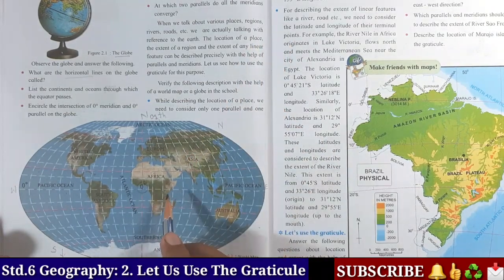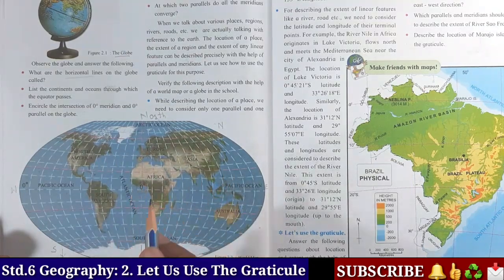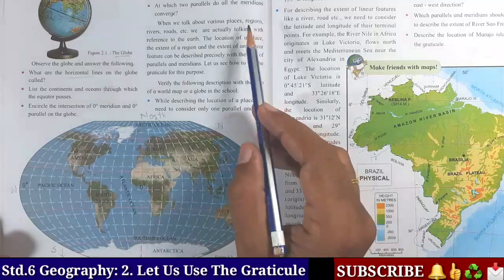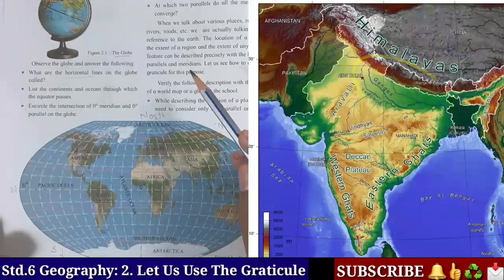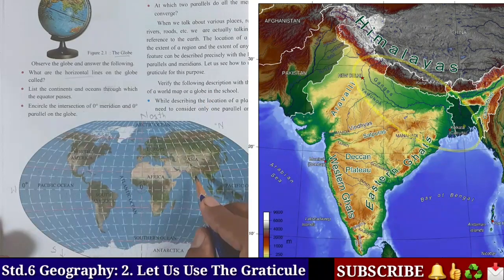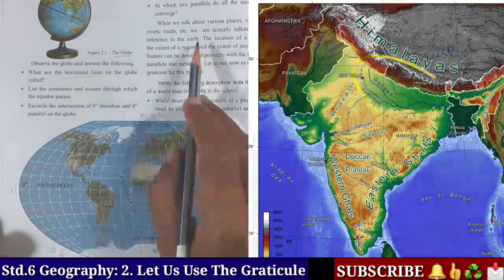On the earth, where is the location of a particular region, place or river? When we say Ganga, where is Ganga? Ganga is in the northern part of India. So we are talking with reference to the earth.